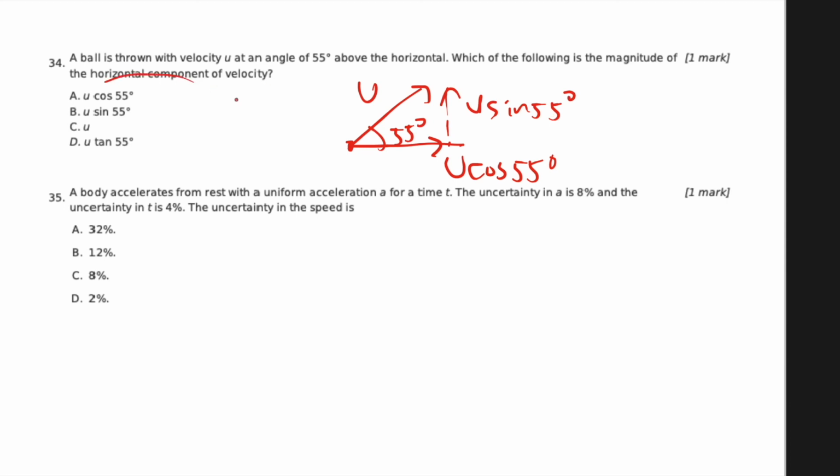So the horizontal component is u cosine 50 degrees. So A will be the correct answer.